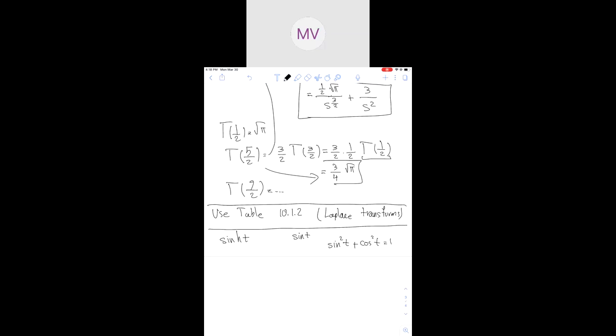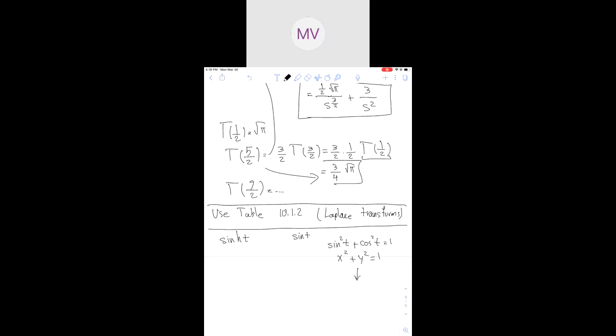Everybody knows that identity for sine and cosine, right? So if you replace sine with x and cosine with y, you get this equation. What's the shape, or what picture does that equation generate? Nice. Circle.